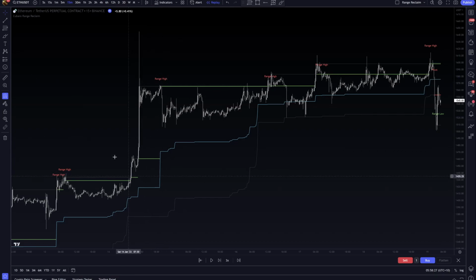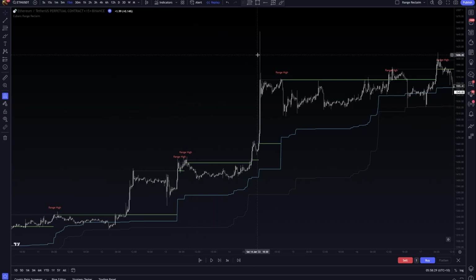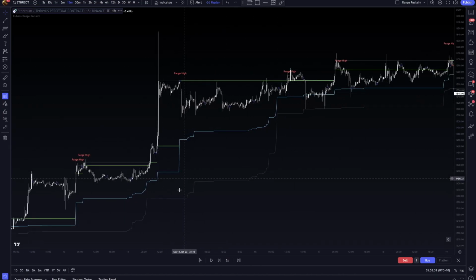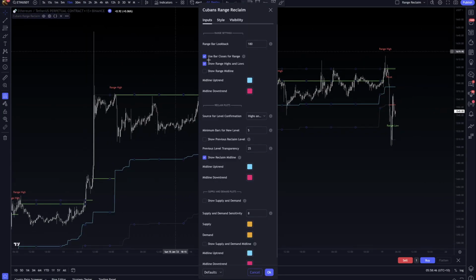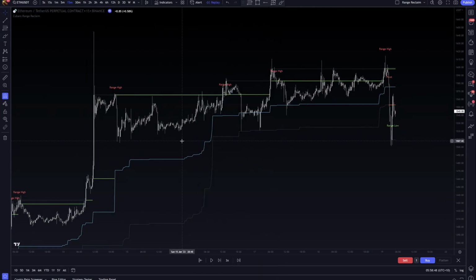You can see that due to this large expansion, we have a very large range area through here, and this range is taking into account the close down here. Obviously, trading in such a tight range, we're not going to hit that, but that's just a consequence of using 180 on our range bar look back.